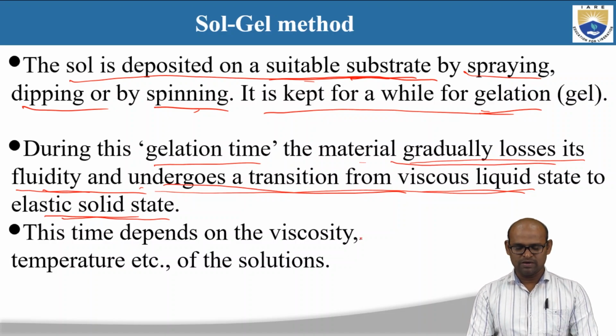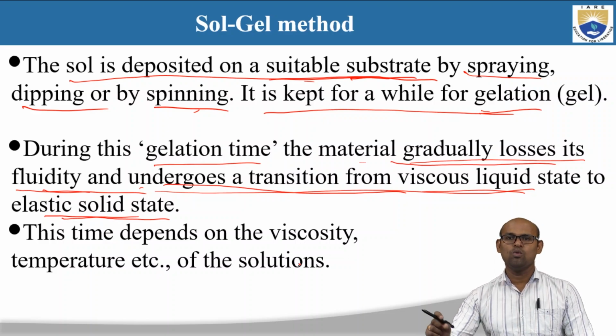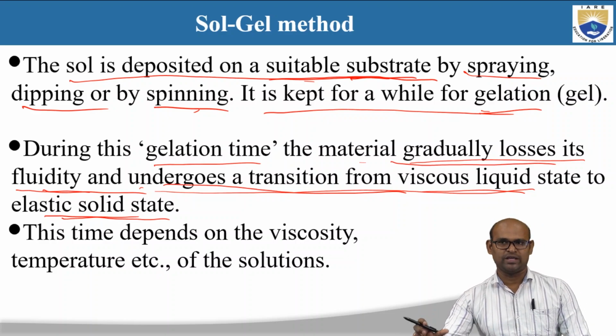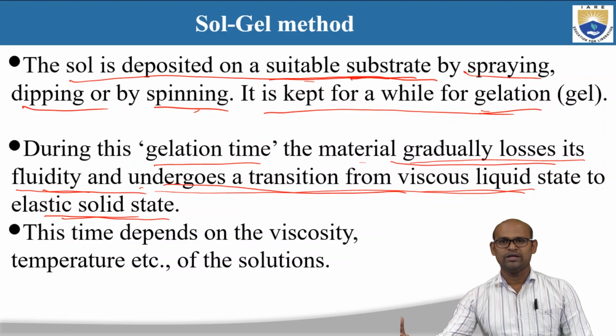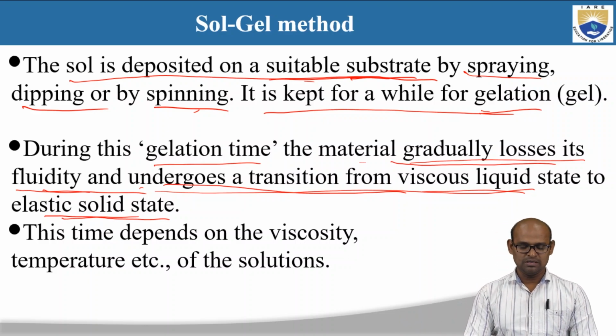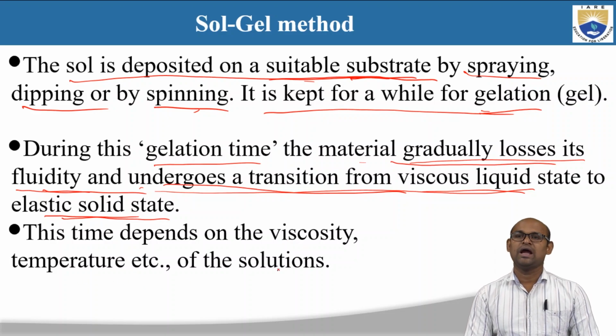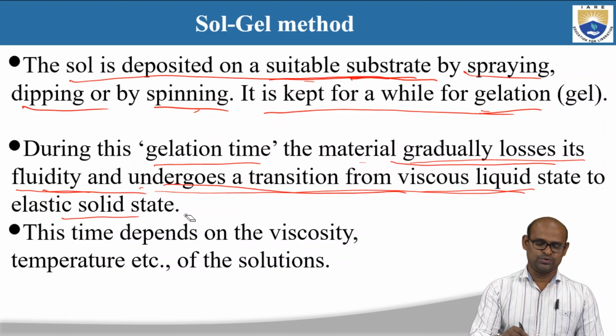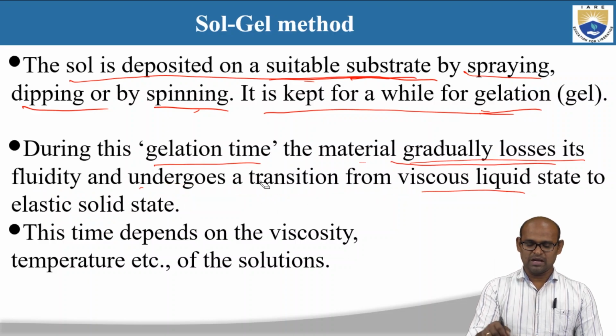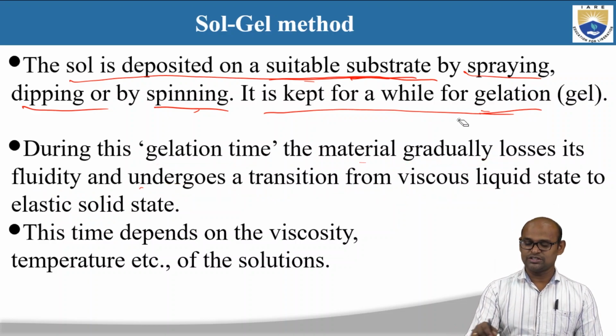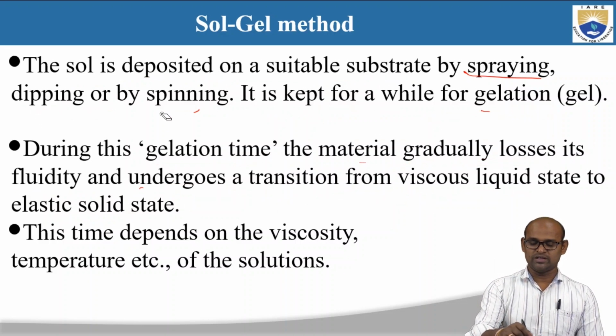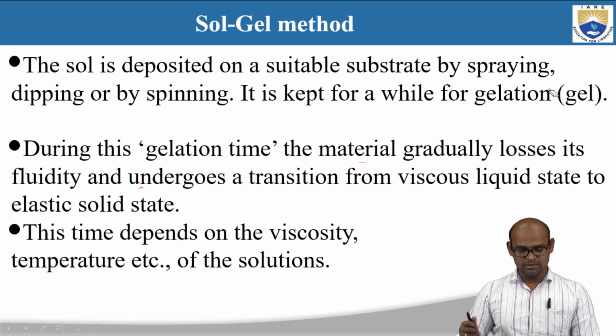This time depends on the viscosity, temperature, etc. of the solution. How much time do we need to wait for the solution to form a gel? That depends on the viscosity, temperature, and type of the solution. These are the parameters that can affect the gelation time.